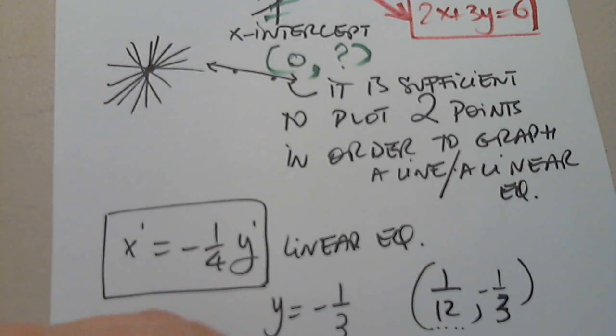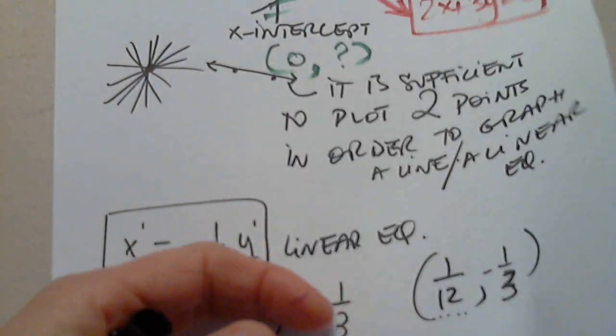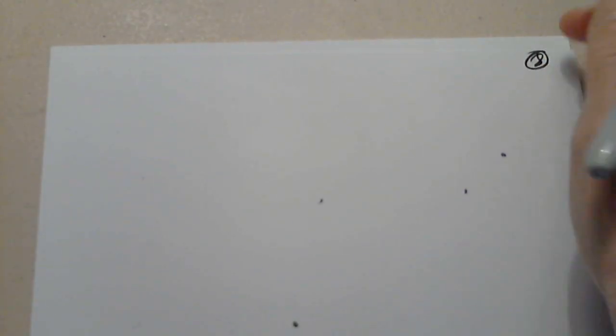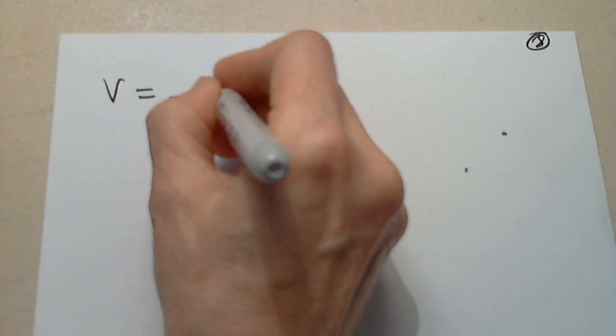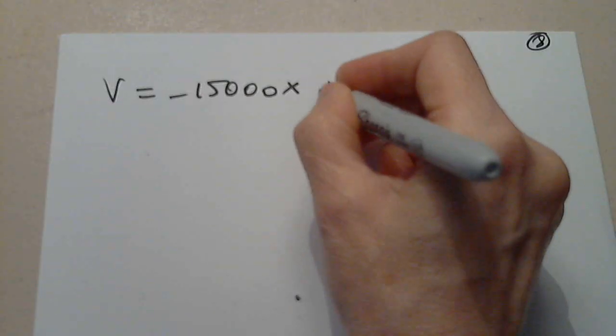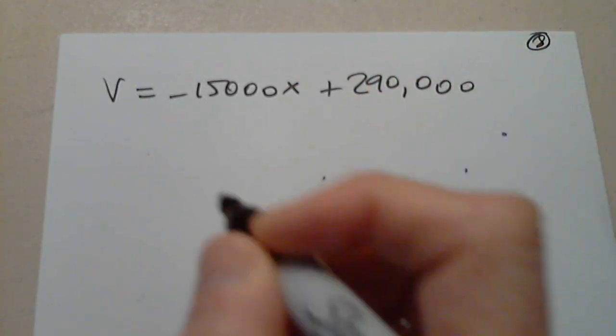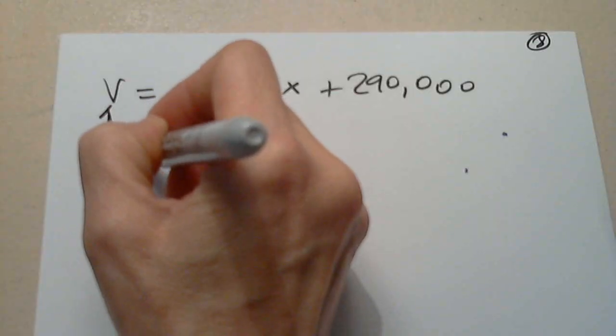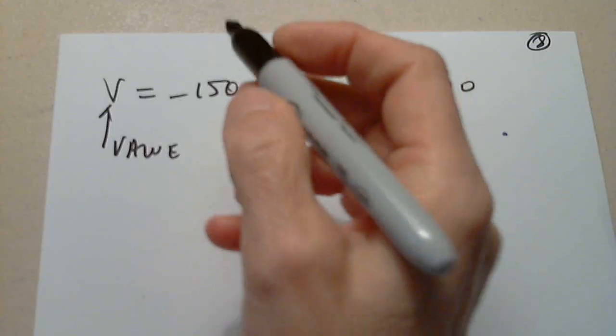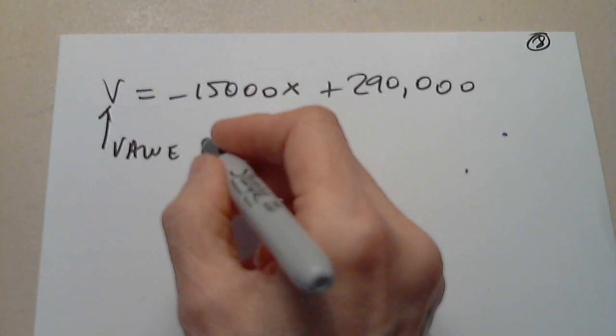Okay. So let's look at another problem. Let's suppose we have a formula. This is my page 8. Let's suppose we have a formula for the value of a car, or a home: negative 15,000x plus 290,000. This is the value of an investment, home, whatever, in dollars.